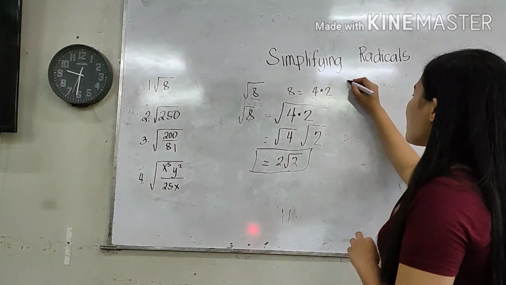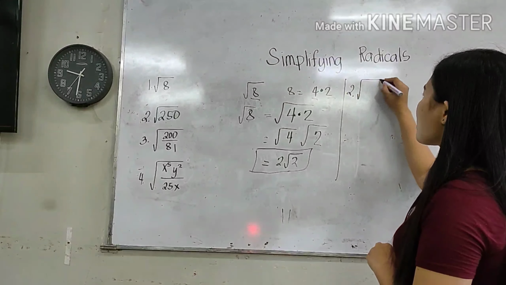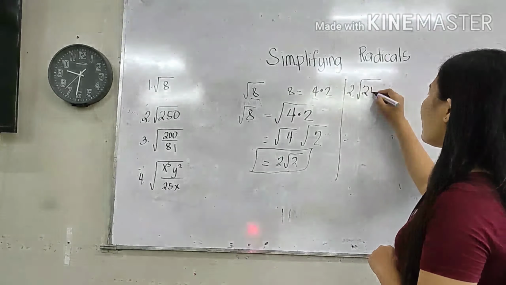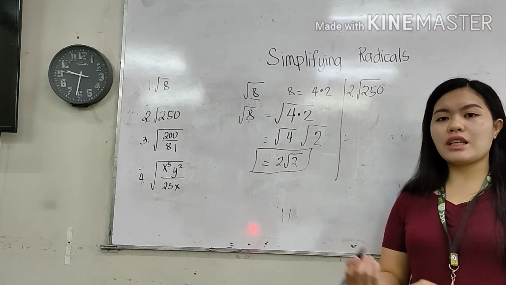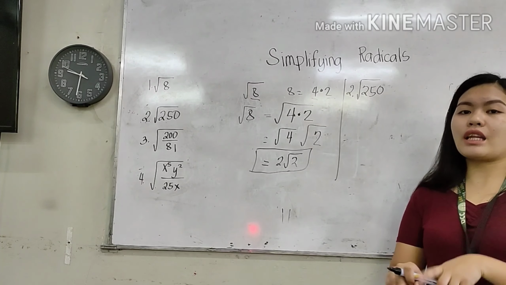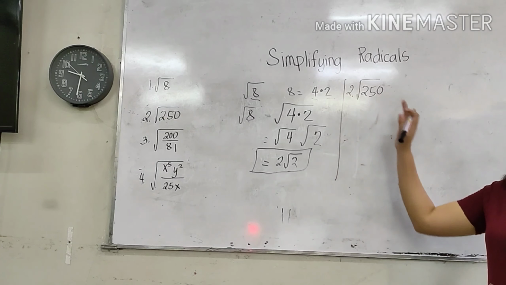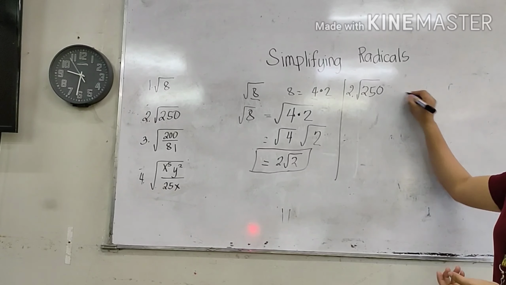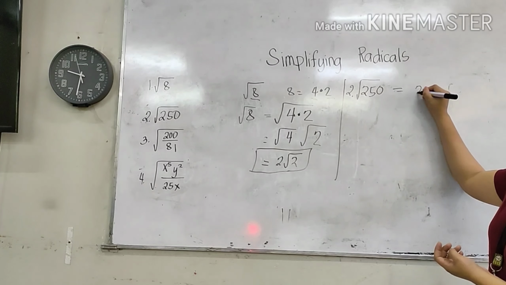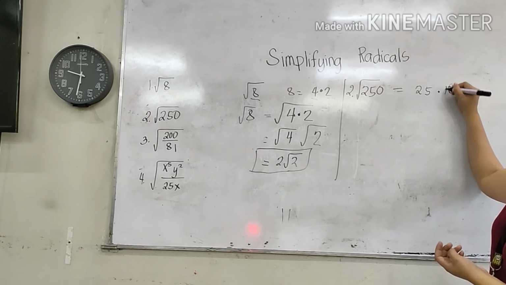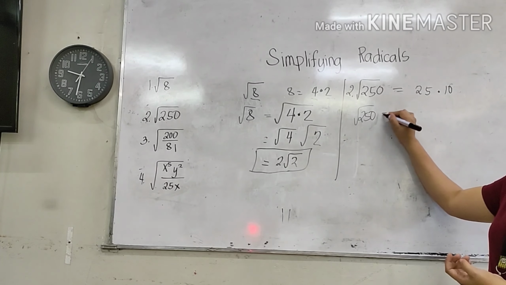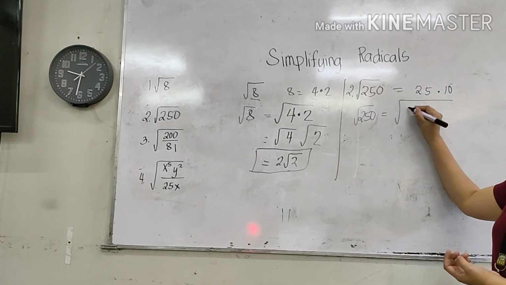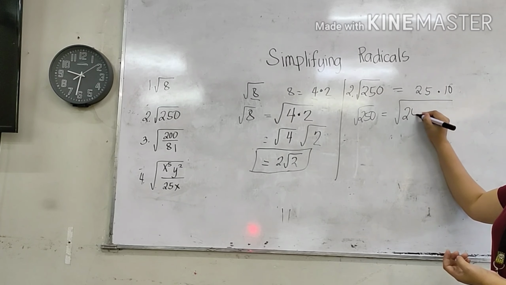So next, let's move on to the second example. We have here the square root of 250. So what we're going to do is also factor this out. Think of a factor of 250 where at least one number is a perfect square. So we can say that the factor of 250 is 25 times 10. So the square root of 250 is equal to the square root of 25 times 10.